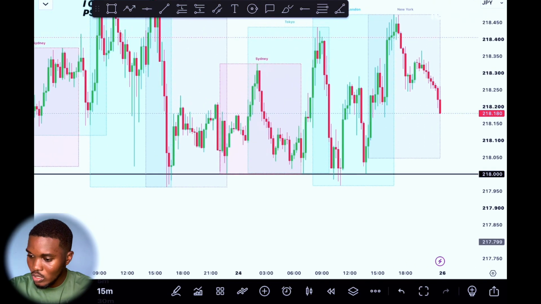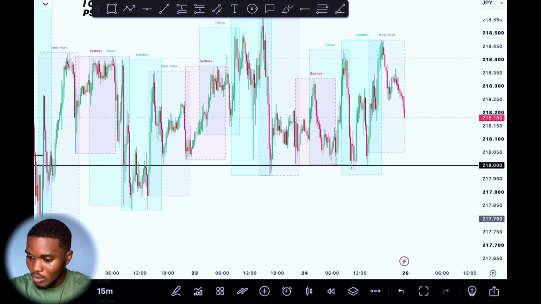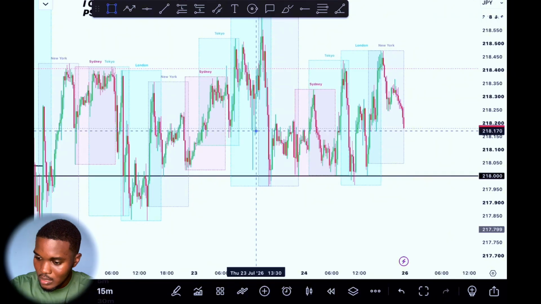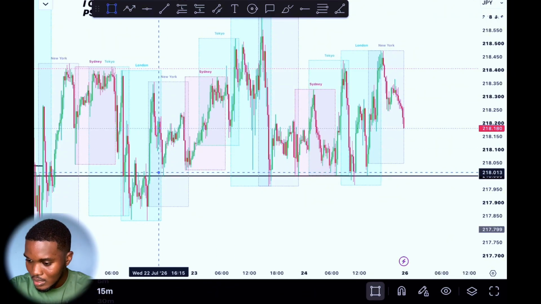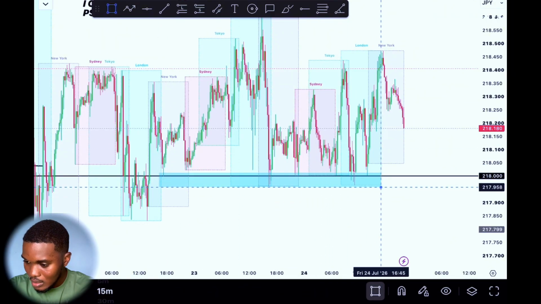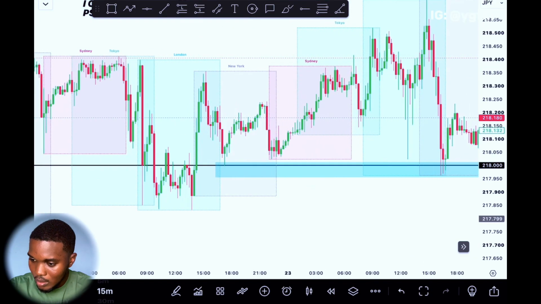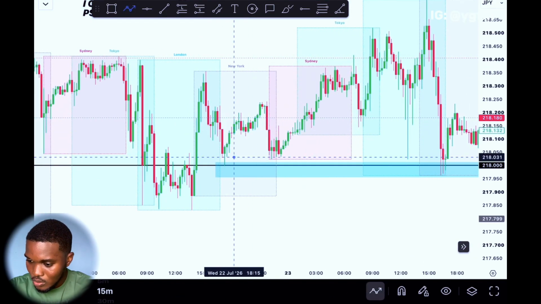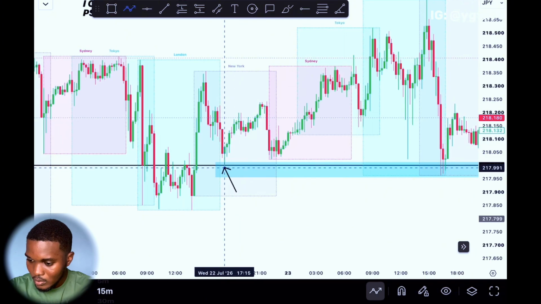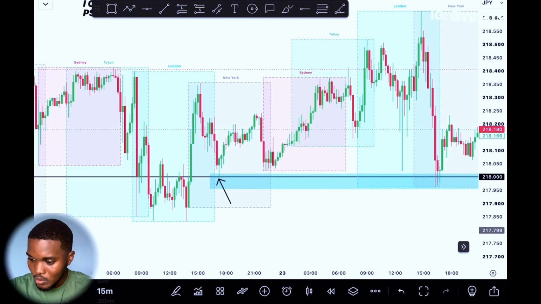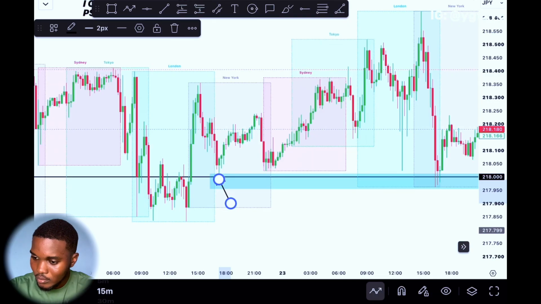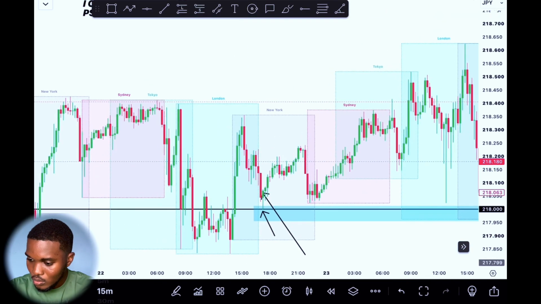So you can see multiple rejections of price at this level. You can see it's very clear, evident. Multiple rejections at these levels. You can see at this zone, this very zone, and at this zone too.